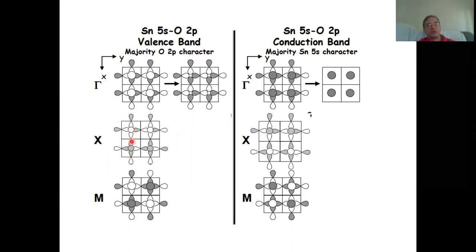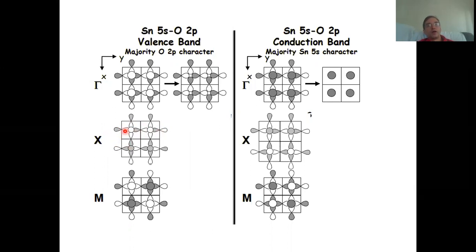This one here is flipped relative to this one, and this one here is flipped relative to that one. By the same token, for a py orbital here, we do not flip in y direction, but we do flip in x direction. So this one here is flipped relative to that one.